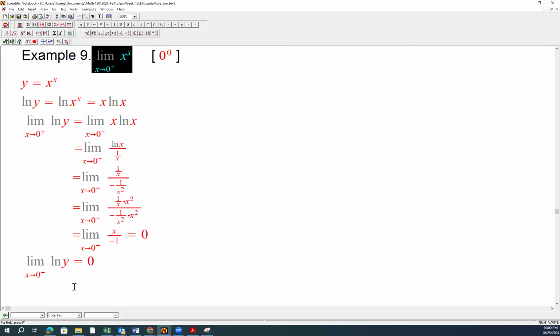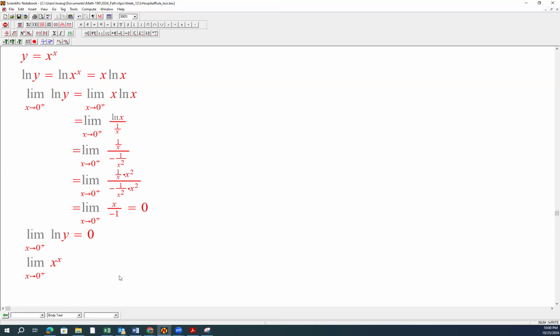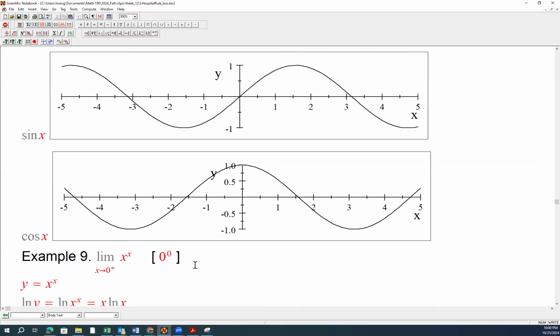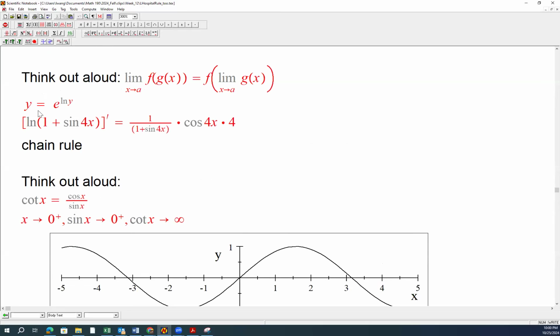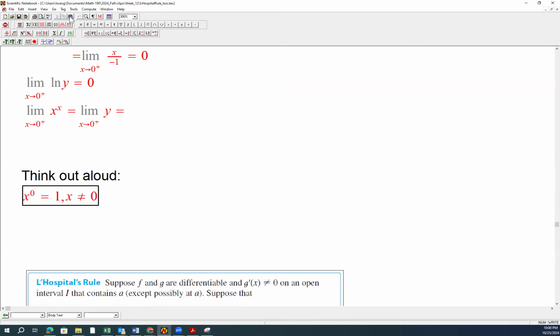We want the limit of y. We use that relationship one more time, which we did earlier, and we replace it by that.